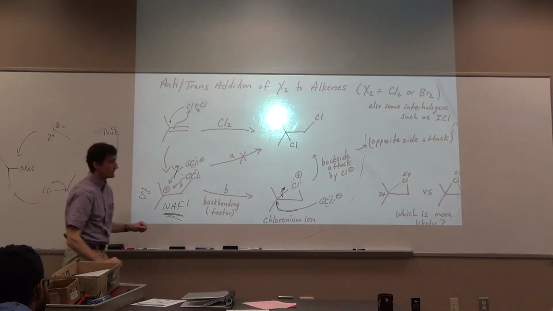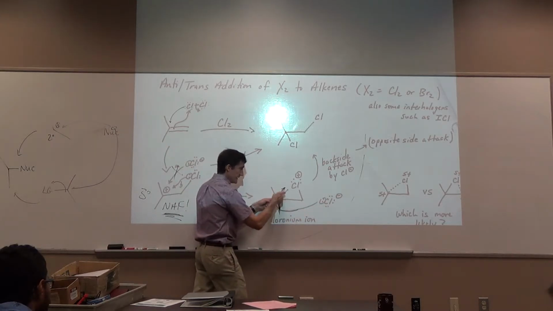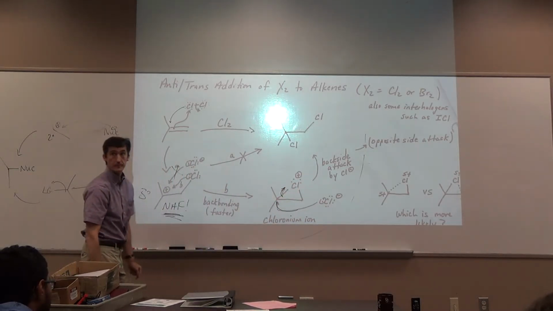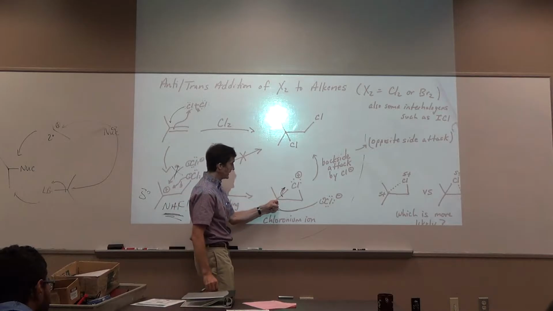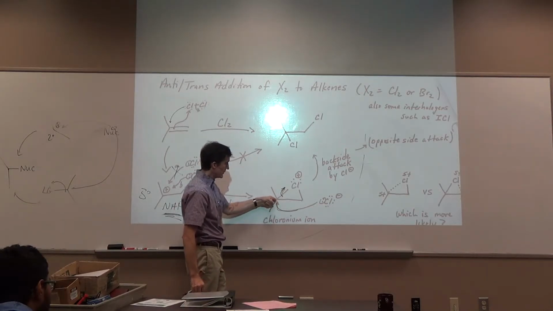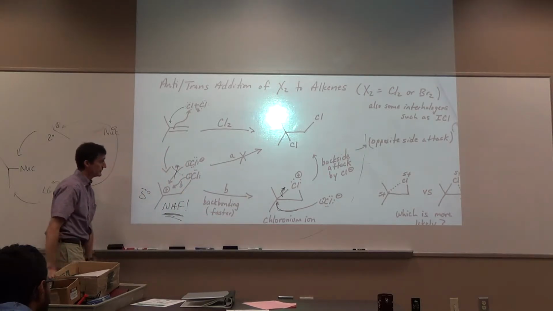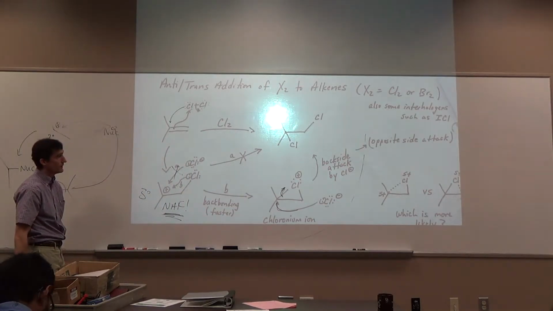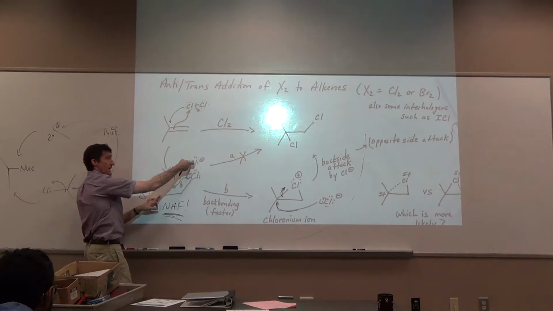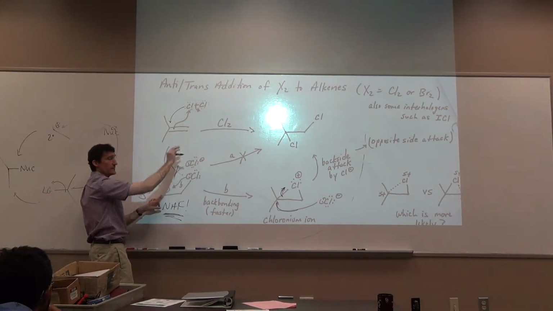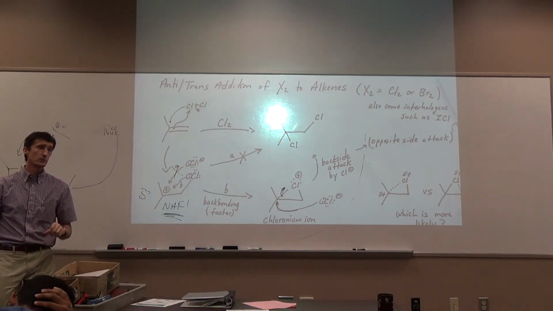That's what we're doing here. The nucleophile is coming in here and kicking off this chlorine. That's how the nucleophile, the chlorine, gets bonded here. There's no carbocation. Remember, these reactions don't involve a carbocation. Now again, if it attacked the carbocation, we would get that product, but that's not the mechanism. We'll say why later.